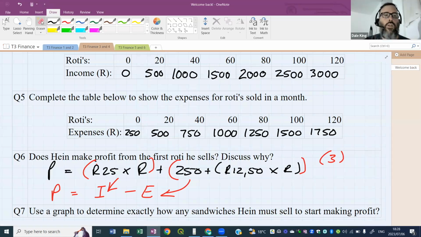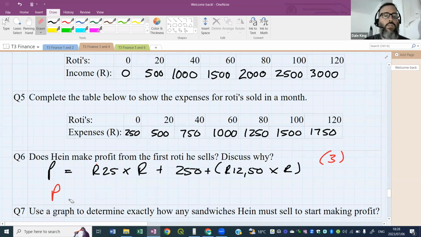Okay, very good. Orabile, let's put some numbers in now. I know you told me the numbers already, but let's put the numbers in so we can see if this does in fact work out. I'm changing my R to 1 roti because we want to work out if there's profit with 1 roti. So 25 times 1, that's just 25 rand.